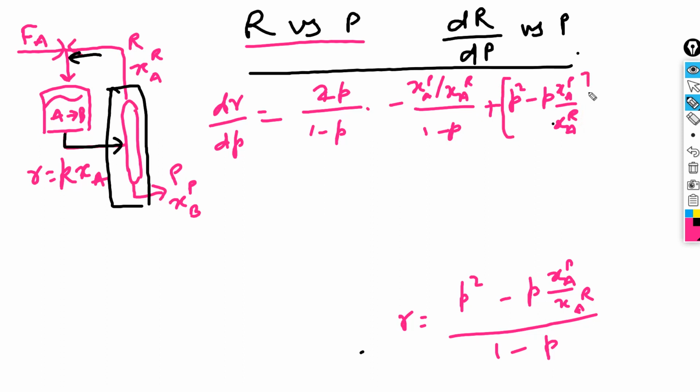Take this, and then the differential of the other will be 1 over 1 minus p whole square, and then differentiation of that, so there will be a negative sign here, and then the differential of what is in the bracket will be negative, so this will again become positive. So I think this is what we get.